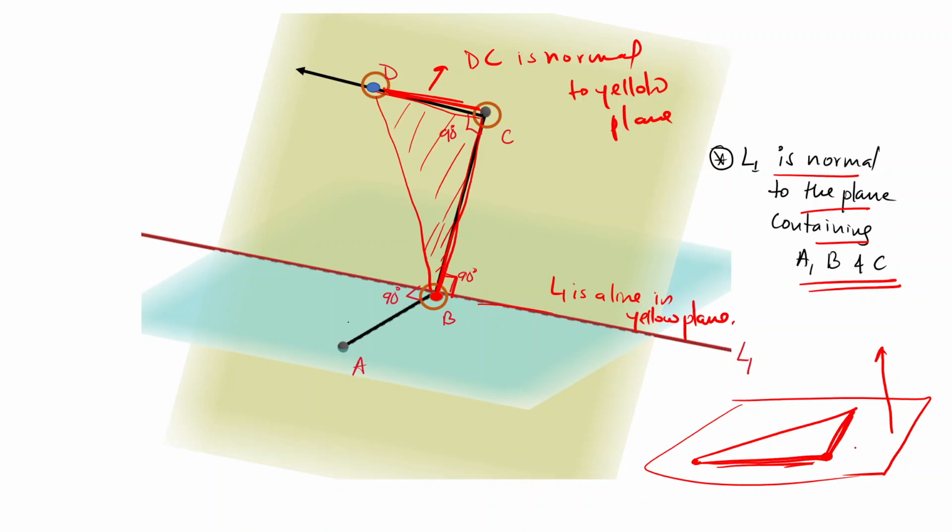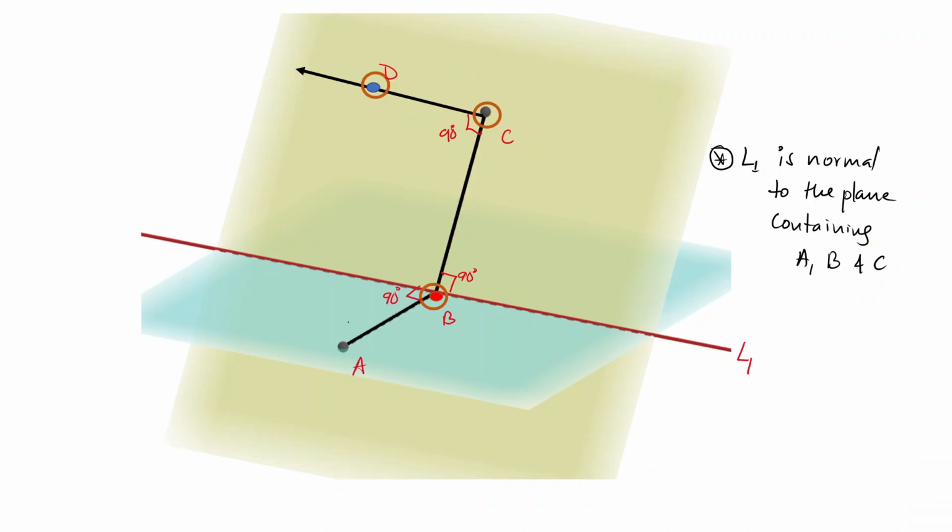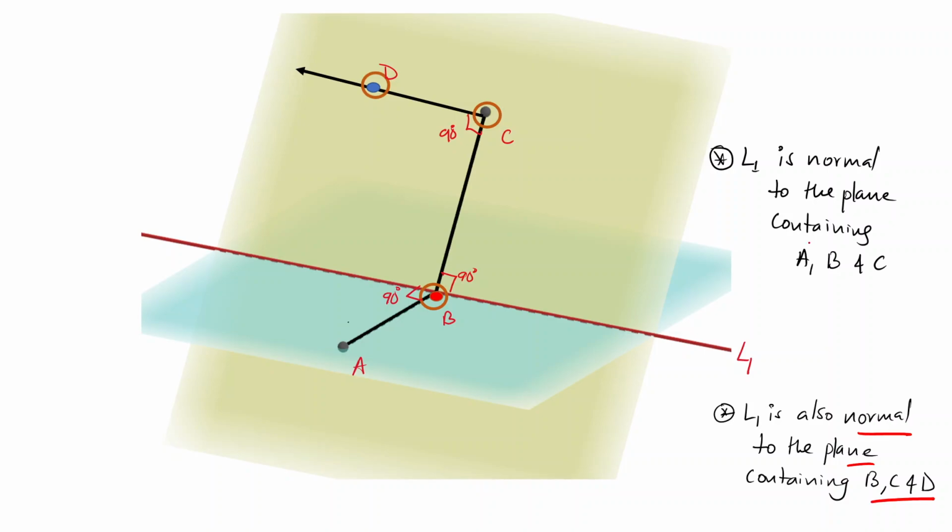There's no other line which is perpendicular to both of these lines, and this normal is also going to be perpendicular to the third line of the triangle also. So if you want to think about it, pause the video and think about it, be very sure about this. You can feel it very intuitively. So we have L1 also normal to the plane containing B, C and D.